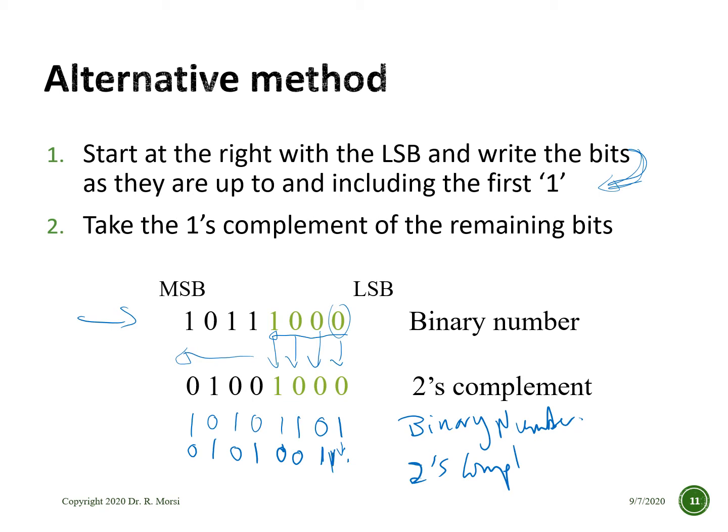This is the one that I dropped, and everything would be flipped afterwards. So the rule, these two steps don't change. I drop everything up to and including the first 1, and then flip everything afterwards. Simple.